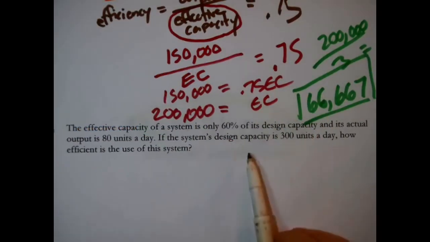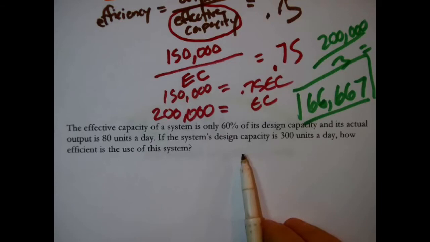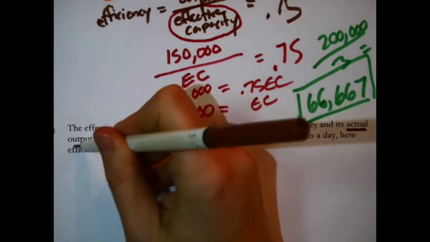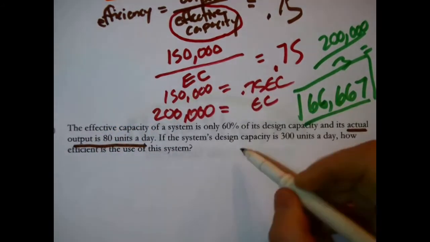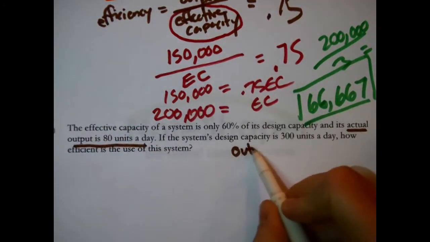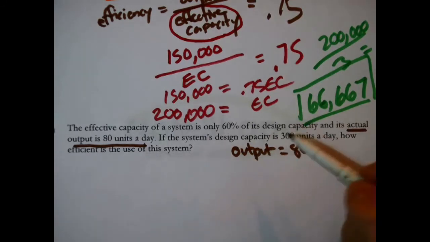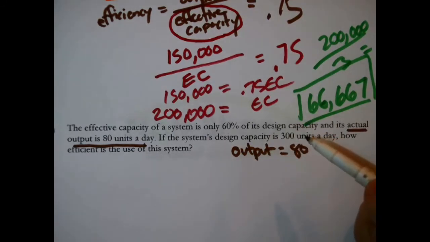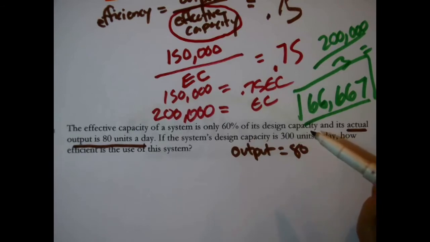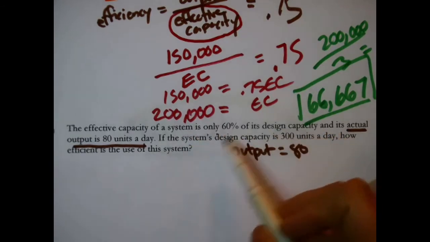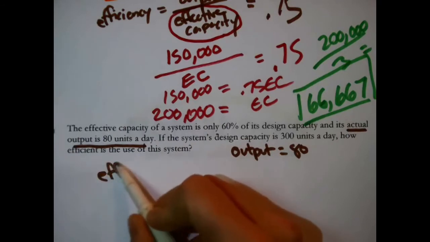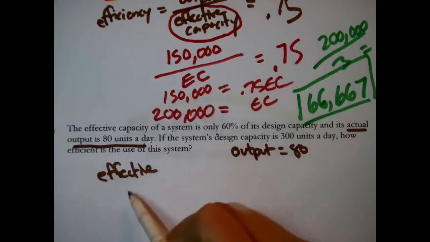But I need to organize this information here. I know that efficiency is output over effective capacity, and actually the output part is easy. Actual output's 80 a day. I'm just going to note that to the side. Output's 80. For efficiency, I need the effective capacity. What was I told about effective capacity? Maybe I will write this even as I read it.